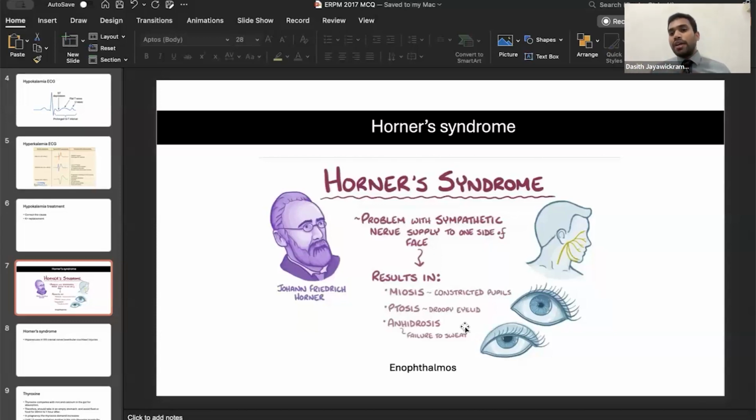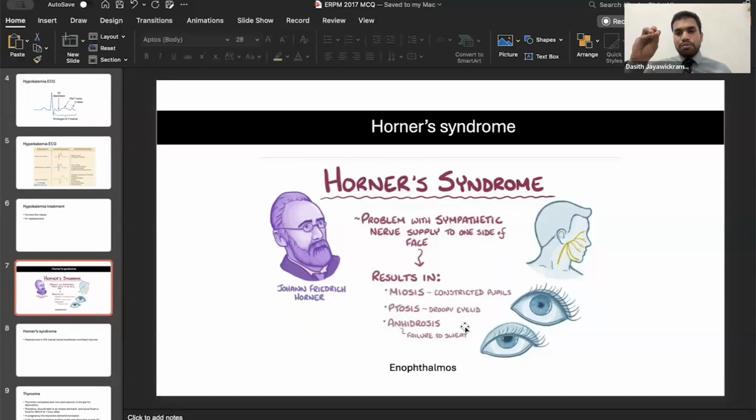It's called anhydrosis. And also there will be some degree of enophthalmos. That is because with the lack of sympathetic supply, the soft tissue behind the eye will atrophy to a slight degree, which will cause our eyeball to sink a little bit. So these four features are the characteristic symptoms of Horner's syndrome.